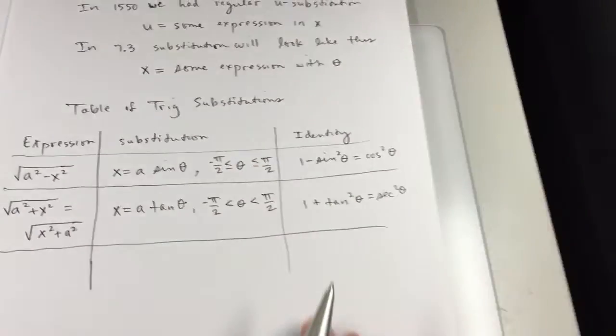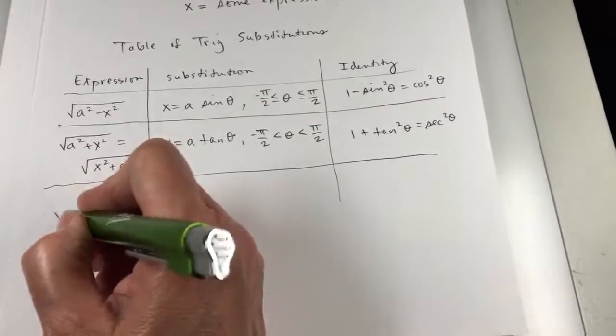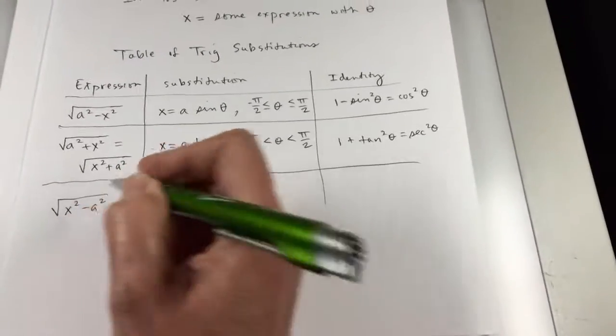And the third substitution in this table would be if you have an expression like the square root of x squared minus a squared.